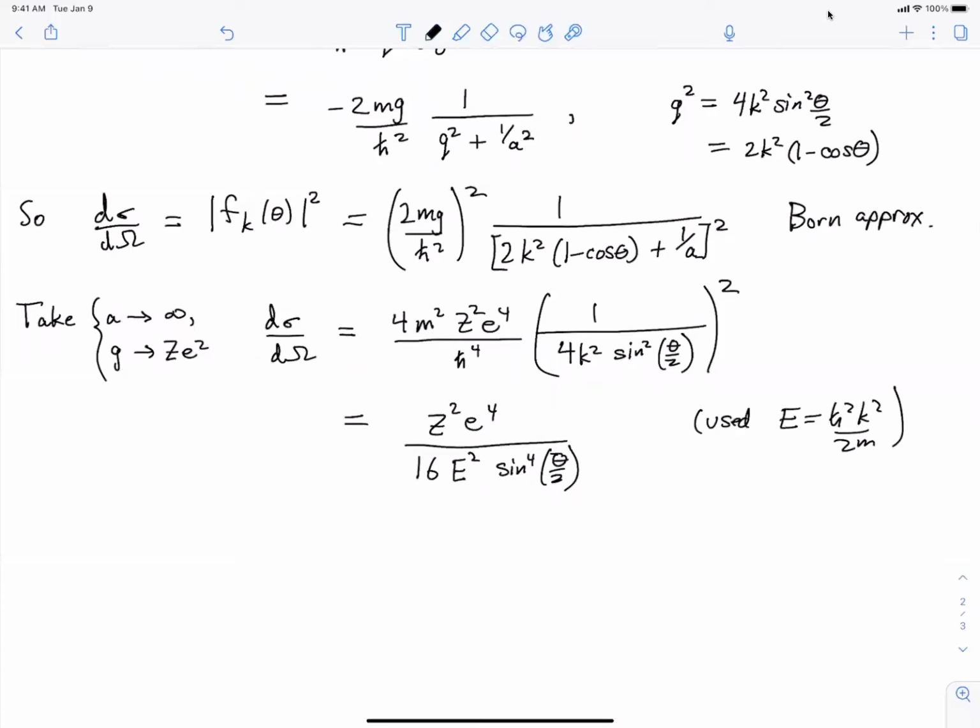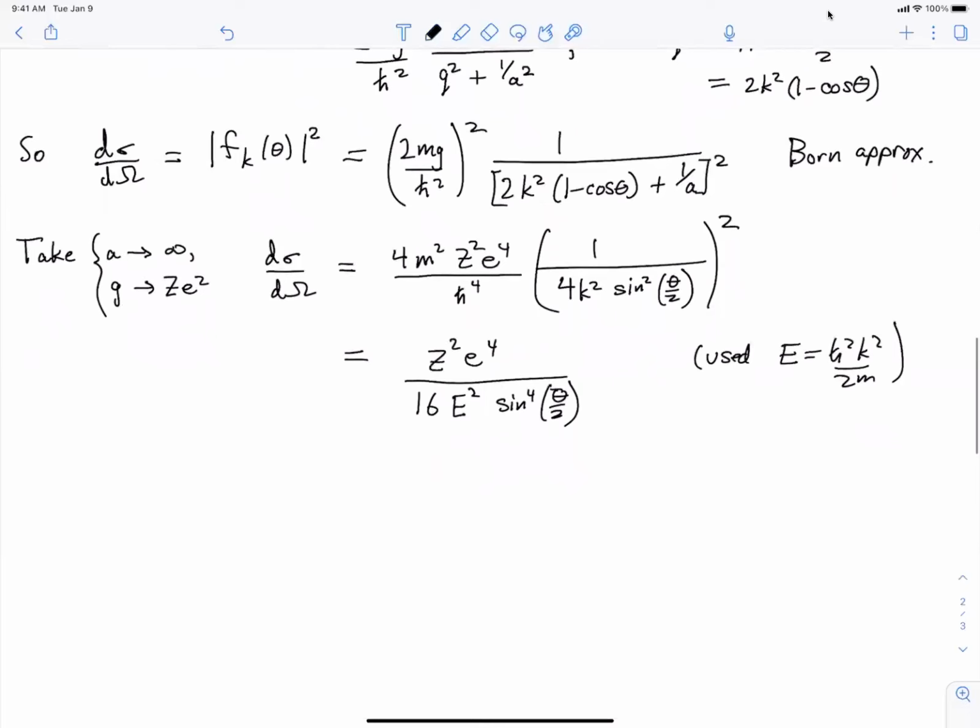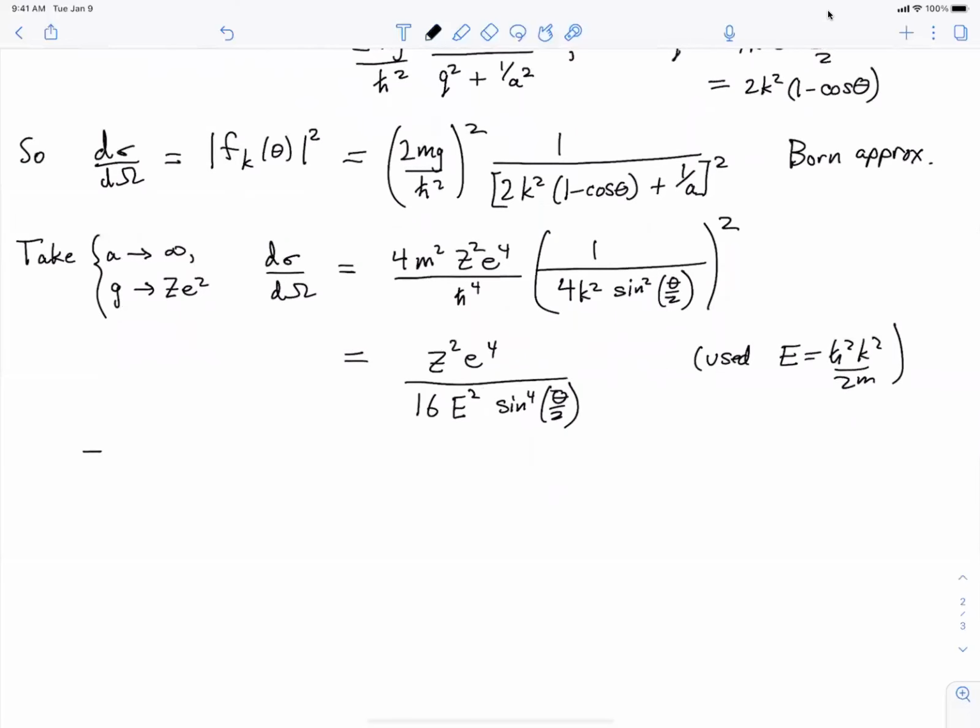And so what has happened here is that even though we were doing this in quantum mechanics, we got exactly the same as the classical Rutherford scattering. So the Born approximation does this quite a lot. The Born approximation is a semi-classical version of the complete calculation.